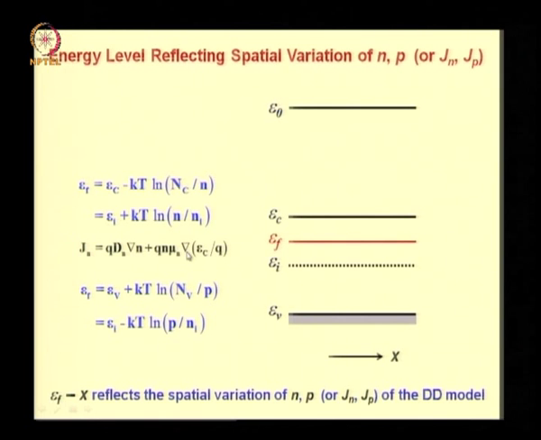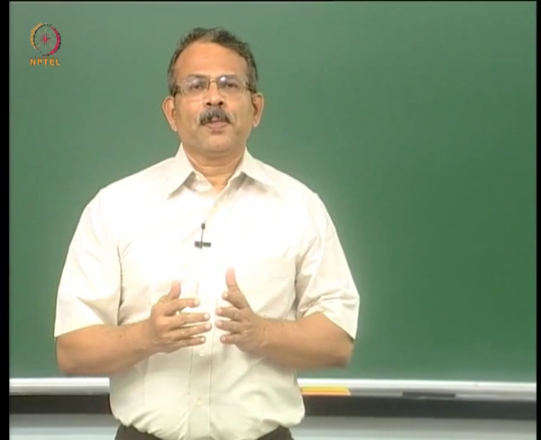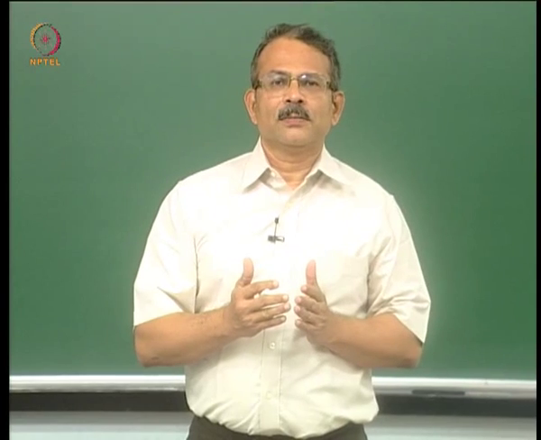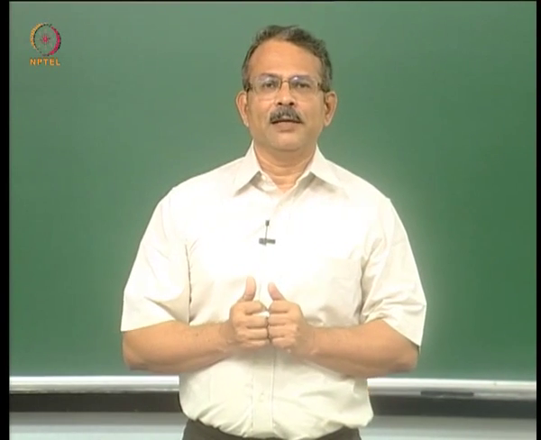Now the electric field acting on the electrons is given by the gradient of EC by q. So it is the gradient of EC by q that reflects the electric field. Now you might say, why not the gradient of E naught? Just now we had mentioned that the gradient of E naught is related to the electrostatic field.